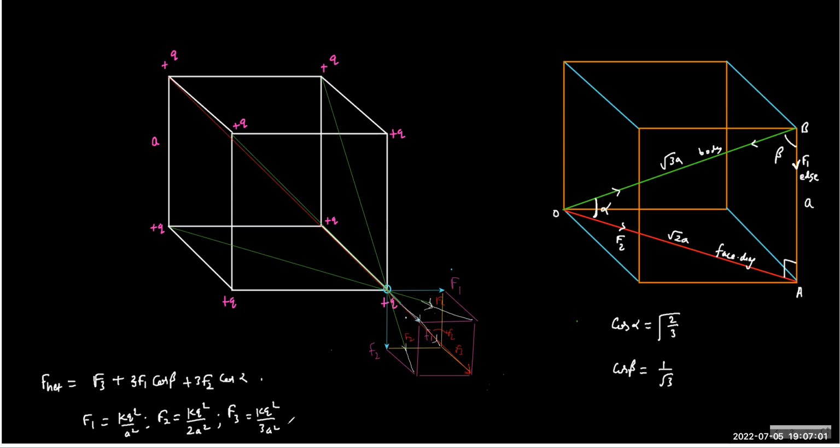I hope this is clear, guys. So F1 is this much, F2 is this much, and F3 is this much, and we are done.